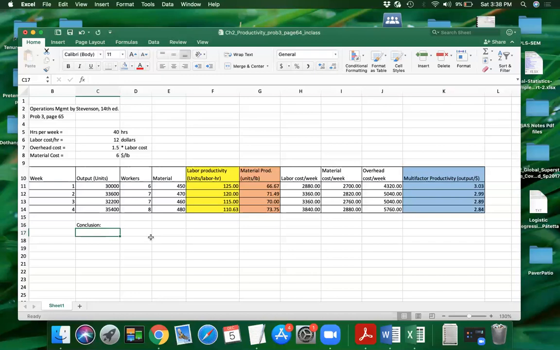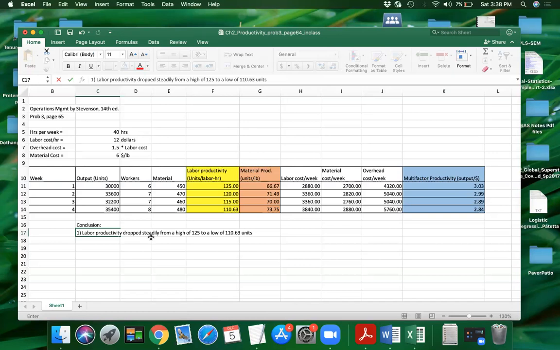Conclusion. One, labor productivity dropped steadily from a high of 125 to a low of 0.63 units per labor hour.